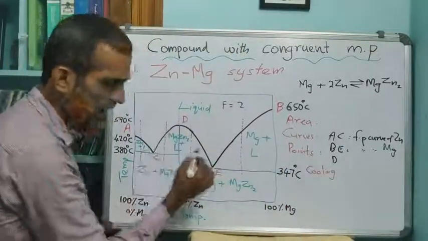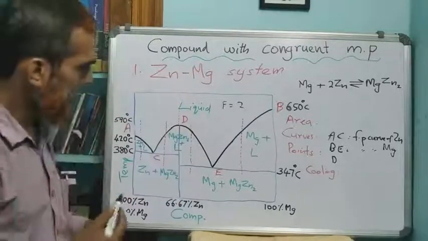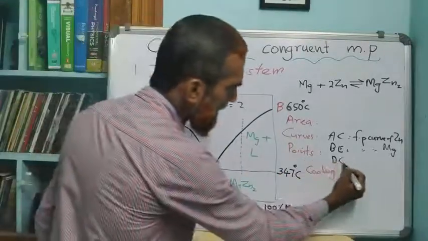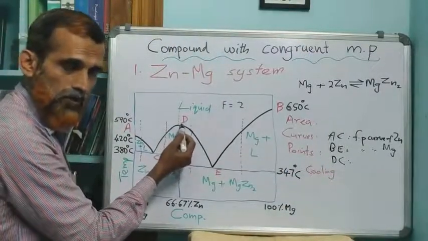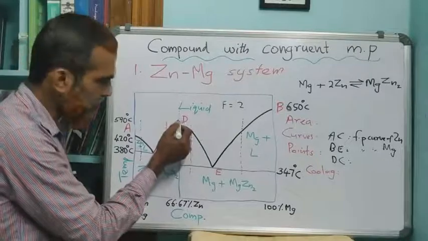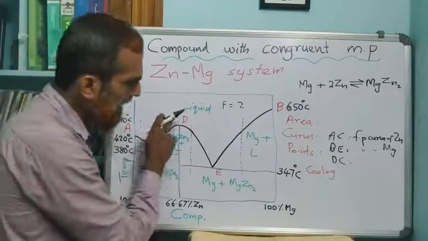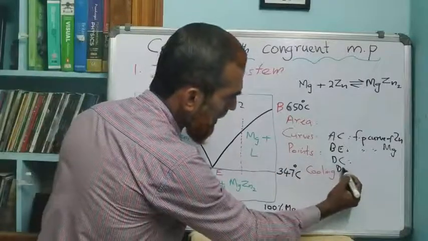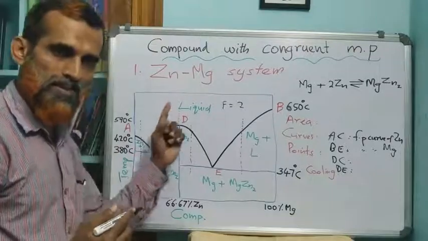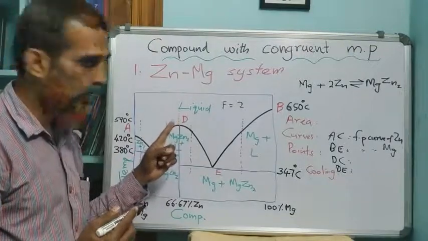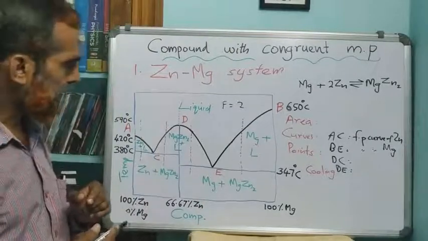Altogether, CDE can be called the freezing point curve of the compound MgZn twice, in which DC represents the decreasing melting point or freezing point of the compound MgZn twice on adding increasing amount of zinc, and DE represents decreasing melting point or freezing point of the compound MgZn twice on adding increasing amount of magnesium, right?